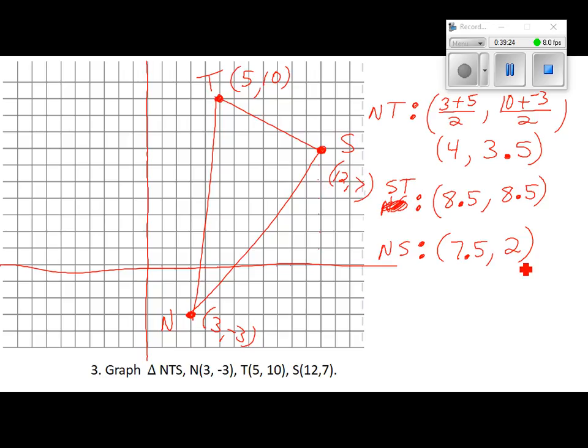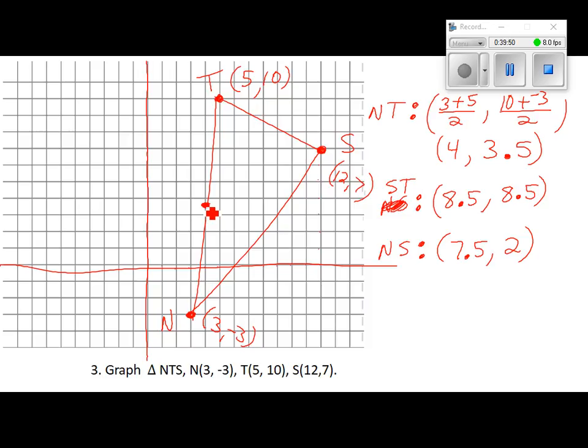Anybody get the answers that I got? Yeah. So 4, 3.5. 1, 2, 3, 4, up 1, 2, 3.5. Should be somewhere about in there. Our midpoint's always gonna fall right on the crossings like we'd like them to. 8.5, 8.5, 1, 2, 3, 4, 5, 6, 7, 8.